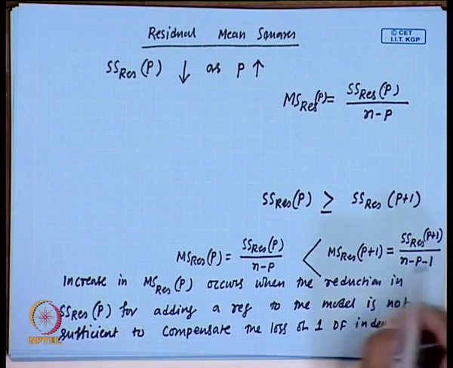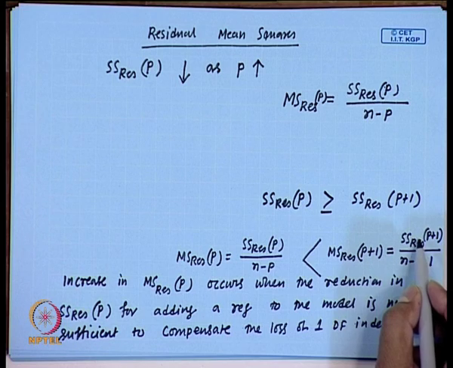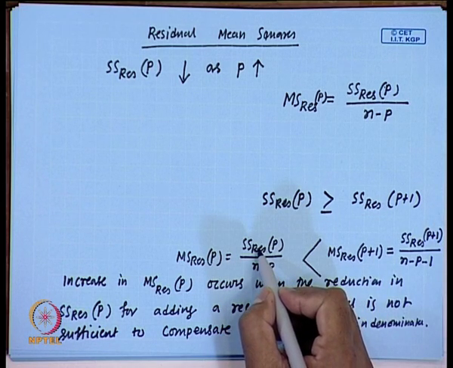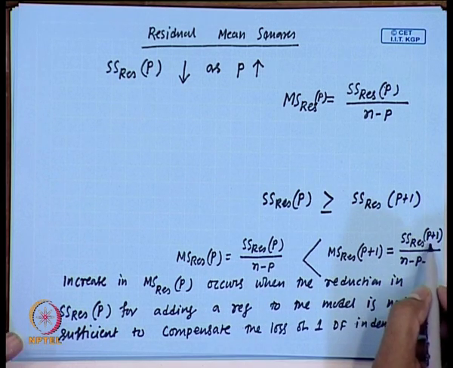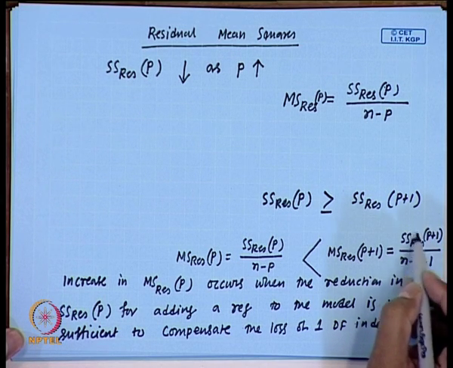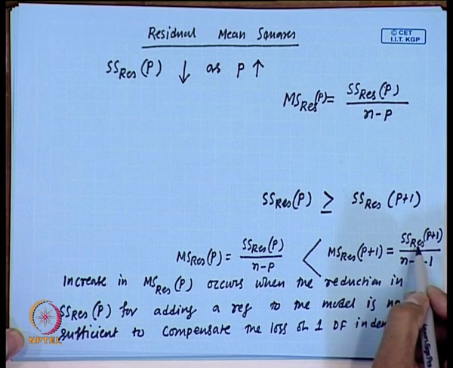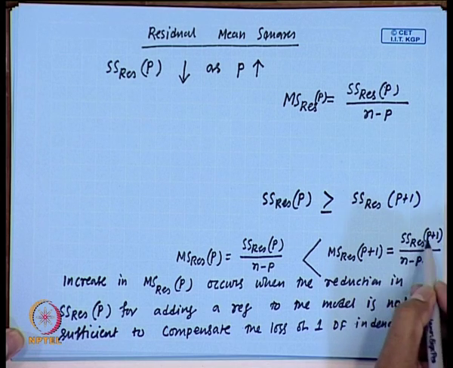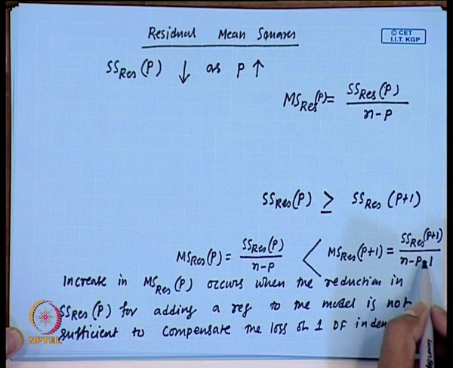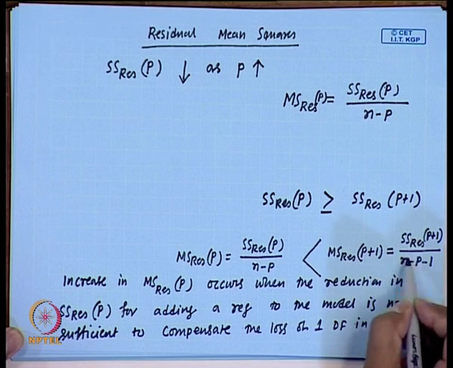Of course, what I want to say here is that this one is of course smaller than this one, but if you add an irrelevant regressor in the model, this will decrease, but if the reduction in SS residual for adding one more regressor is not sufficient to compensate 1 degree of freedom loss here, then only it increases.